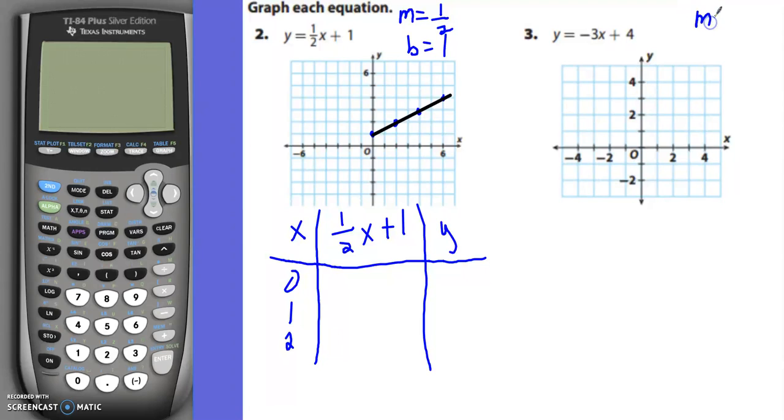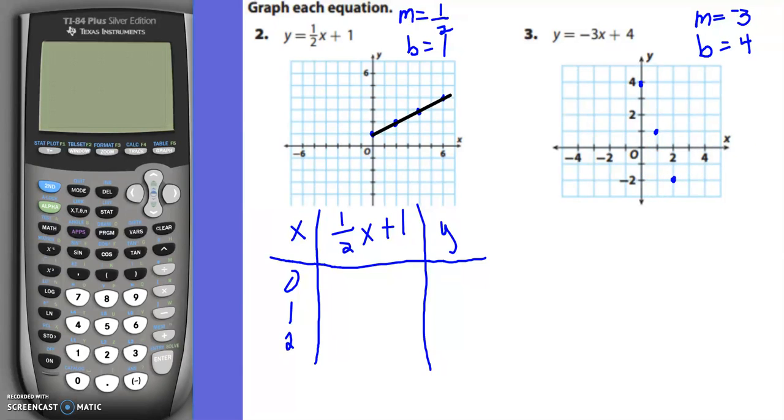M is -3. The y-intercept is 4. All right, so we're going to start at 4. We're going by 1, so we're going to go down 3 to the right 1. 1, 2, 3 to the right 1. 1, 2, 3 to the right 1.